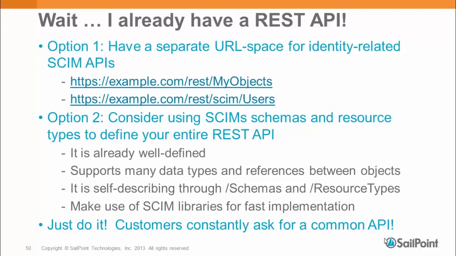Option 2, like I was saying before, SCIM is extremely flexible and extensible. So if you're looking to create a brand new API, you can look at using the UnboundID SDK or some of these tools to create your entire API, create resource types for any object that's interesting to you, and go nuts with it.